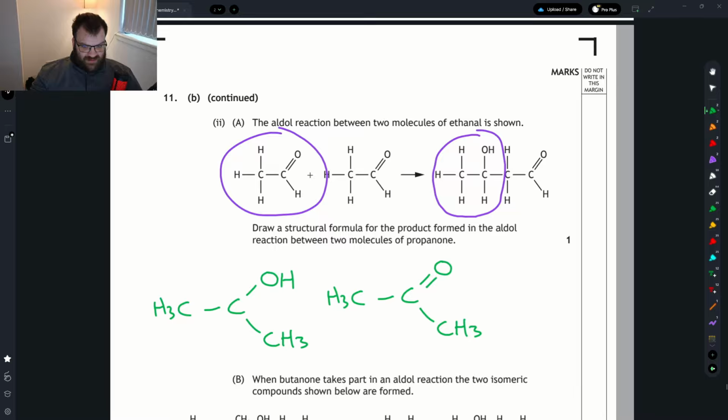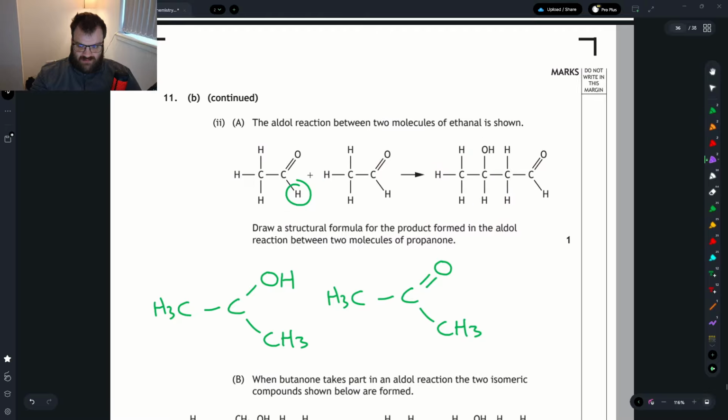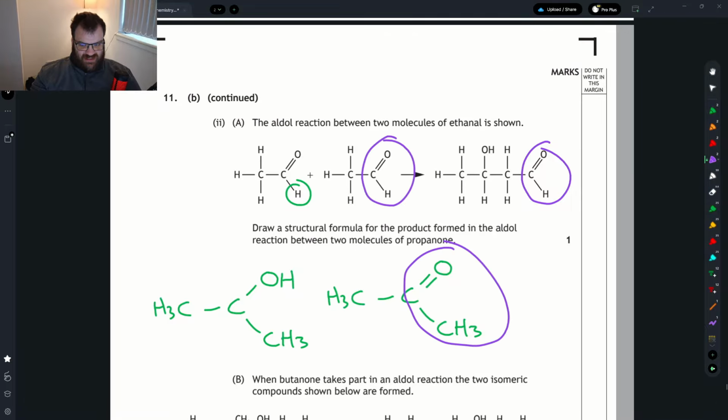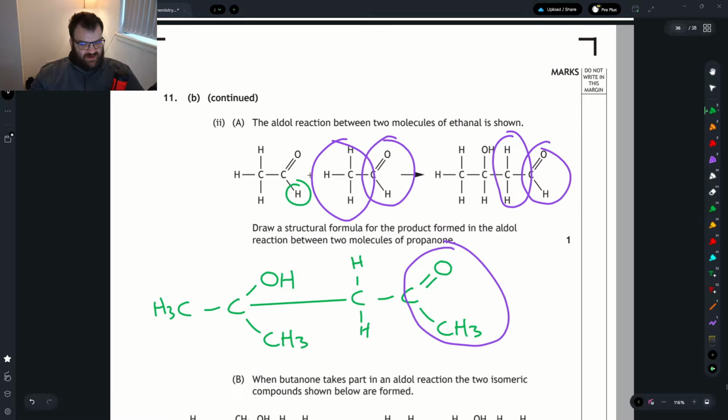And I think that's the only difference, this H stays where it is. So for our one, our CH3 will stay where it is, right hand side. The C double bond O and C to H stays the same. But instead of having CH3, we've now got CH2, like so, and then that gets bonded to that carbon.